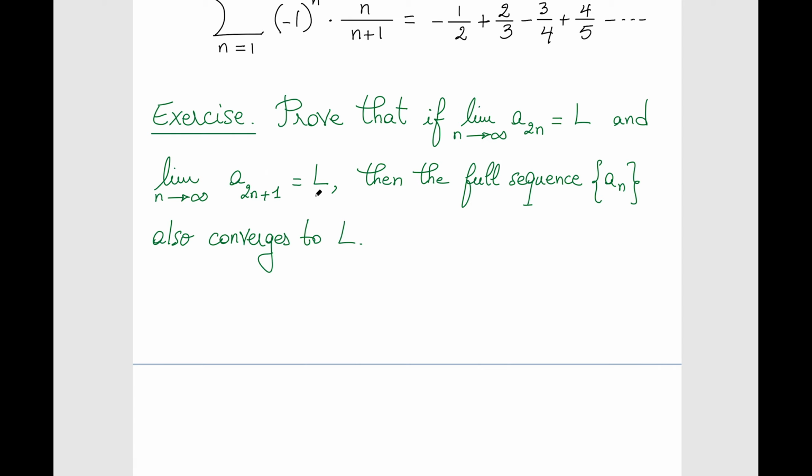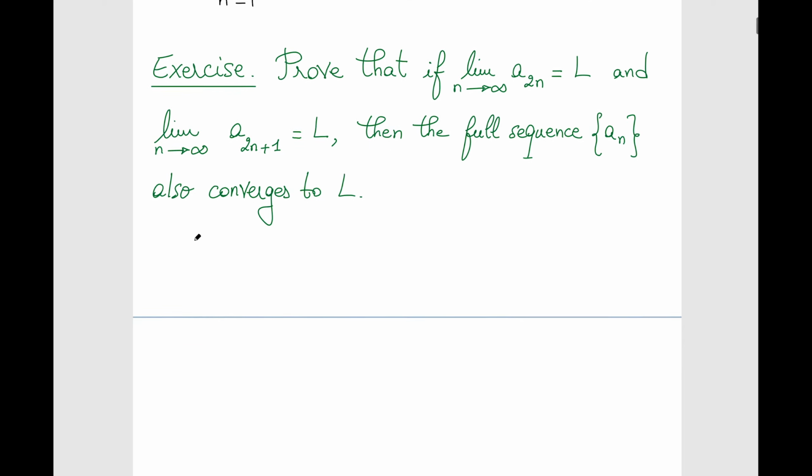Let's assume that this is also a convergent sequence to the same limit L. Then we want to show that the full sequence a_n is also convergent to the same limit L. So this is what we're going to be showing in this exercise.